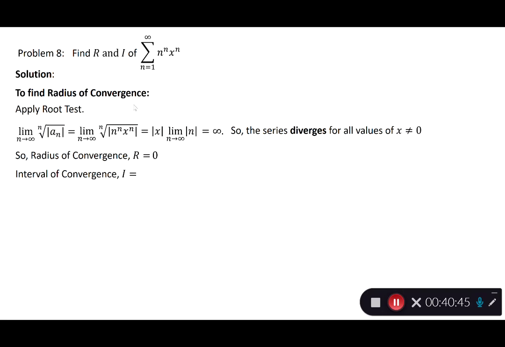It doesn't converge for any value other than 0. Okay, so it does converge for x equal to 0, right? So your set contains 0. The interval of convergence is a set that contains the element 0 or the number 0.